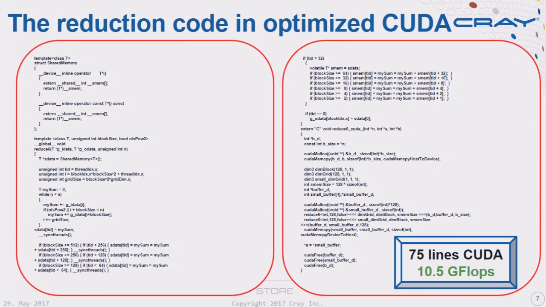I know it's far too small to read, but just to give you an idea: with more tuning, you end up with maybe 50 lines, but your performance is significantly improved by a factor of 5. In contrast to the original CPU version, we now have 10 gigaflops, which is quite nice, but you have to put a lot of effort into porting your code to CUDA.